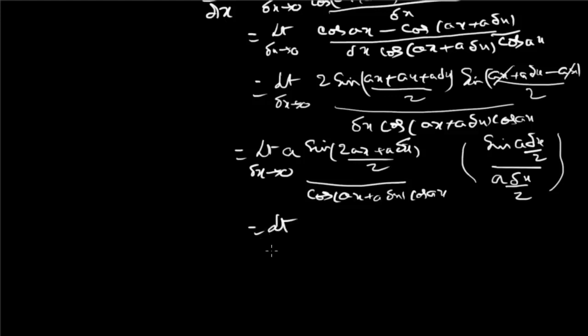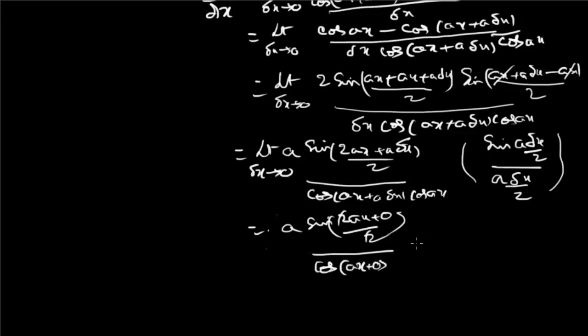So this is limit delta x tending to 0. Now limit is not necessary. Wherever delta x is there, we write 0. So a into sin of 2ax plus 0 by 2, that means 2 and 2 cancel, and the denominator is cos of ax plus 0 into cos ax into 1.